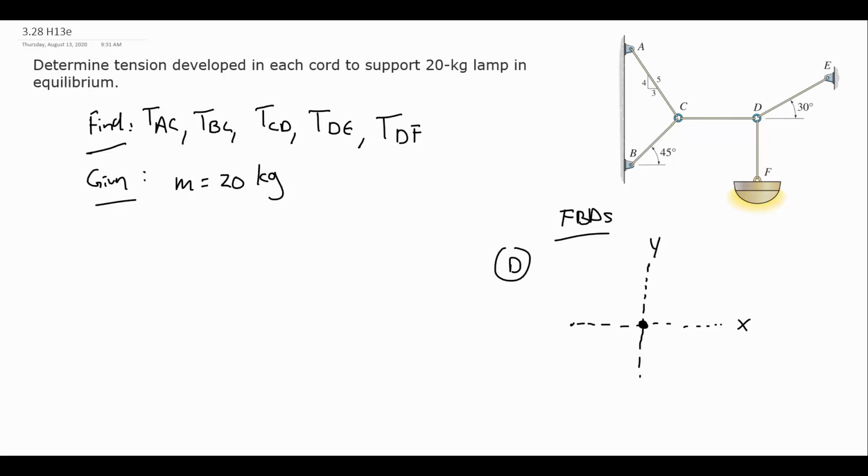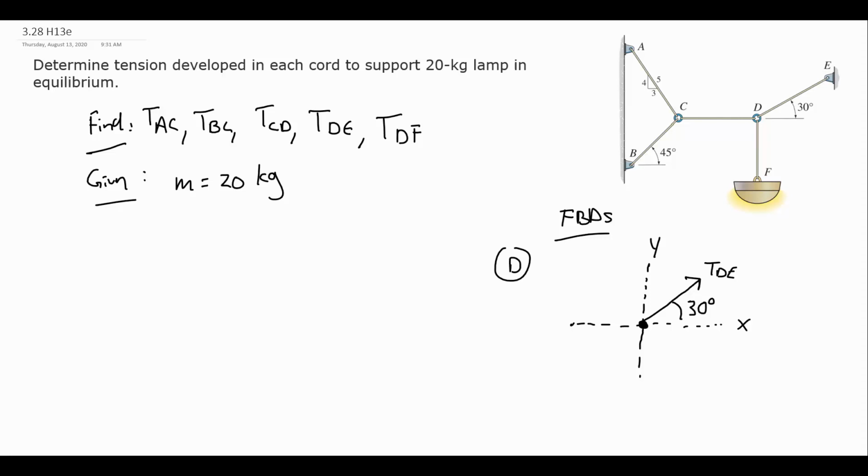So I have the tension in DE. I don't know what its value is yet, but I do know its direction because the force in the rope has to be directed along the rope itself that points from D to E. And I was told that it makes a 30-degree angle from what I am calling the positive x-axis.